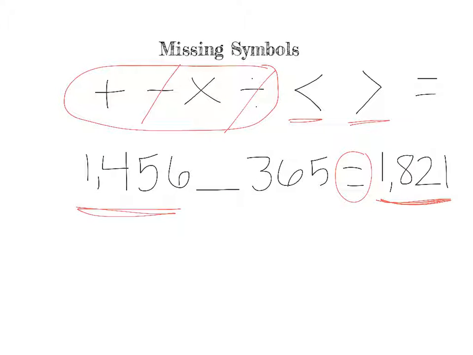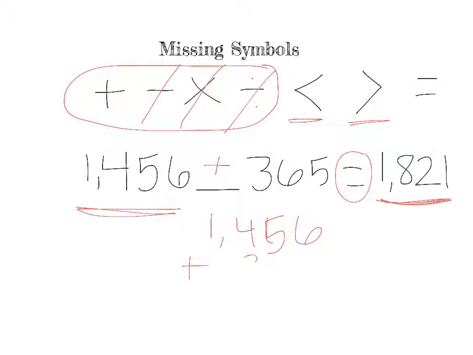Alright, so I'm left with addition or multiplication. If I multiplied 1,456 times 365, that would be a much bigger number than 1,821. So I'm thinking the missing symbol must be the plus sign, but I'm going to double check my work.